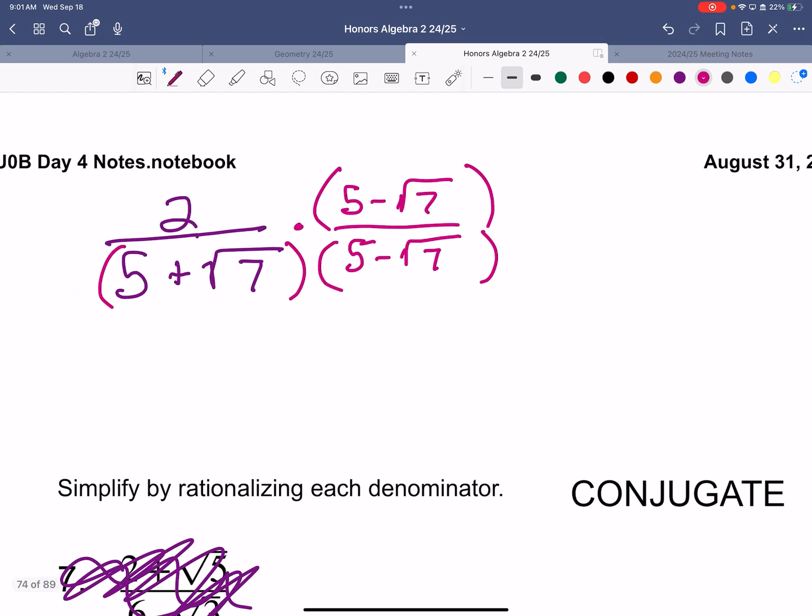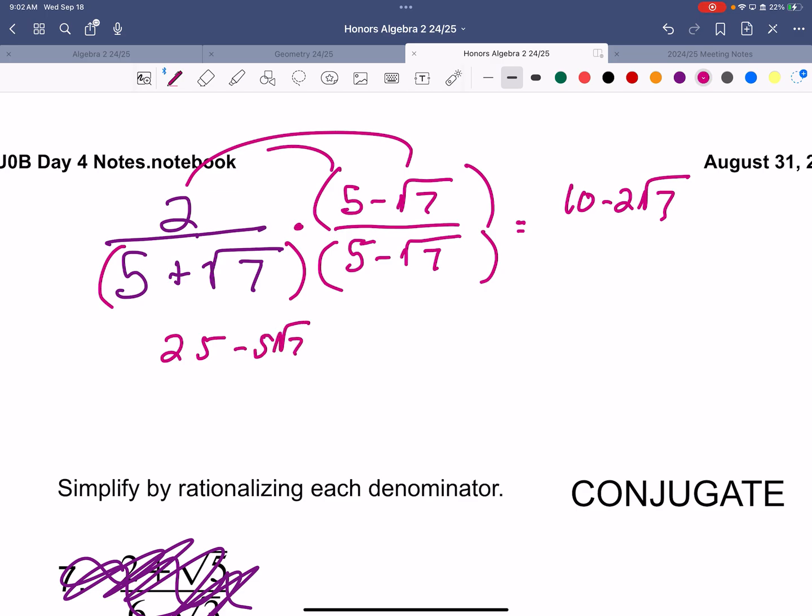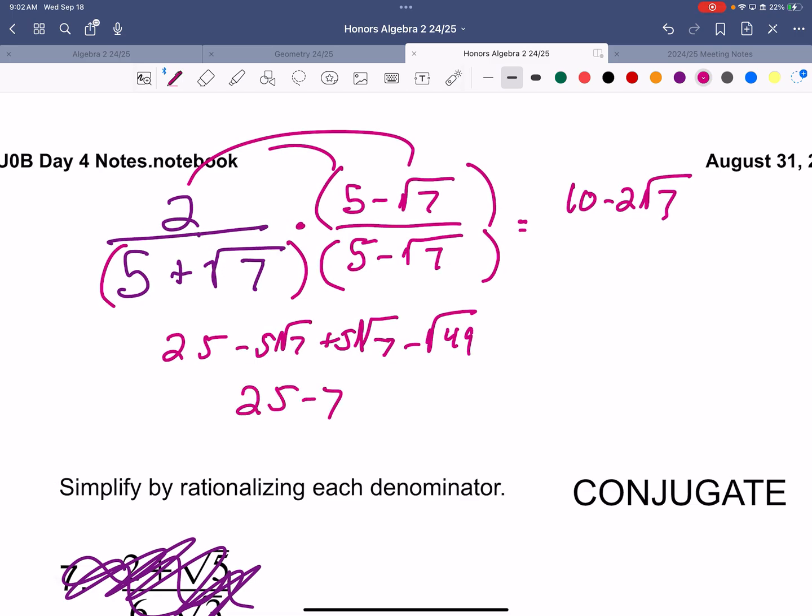So the numerator, we end up with 10 minus 2 radical 7. Distribute. 25 minus 5 radical 7 plus 5 radical 7 minus radical 49. So that's 25 minus 7. 25 minus 7 is 18.